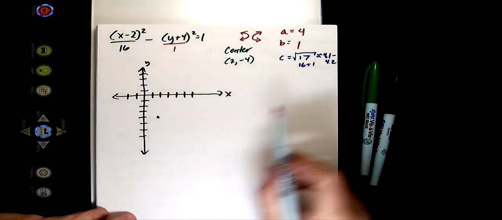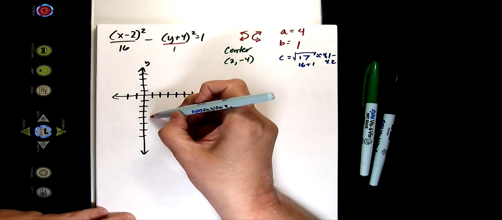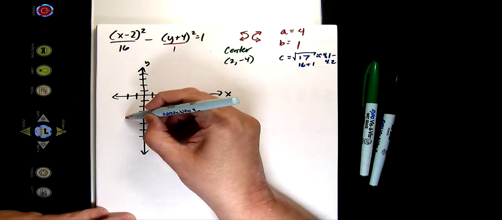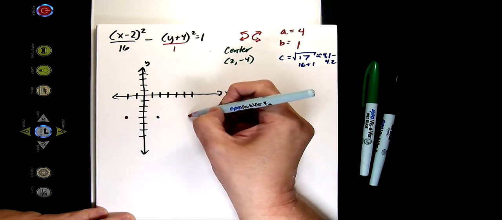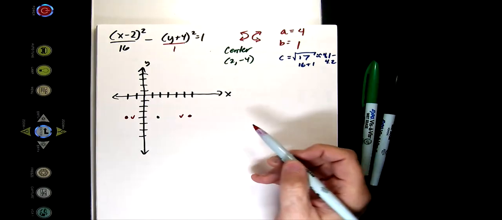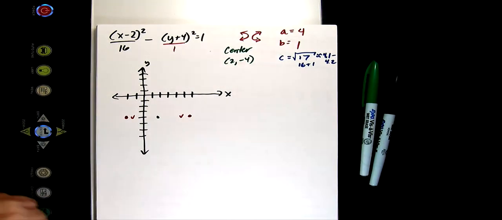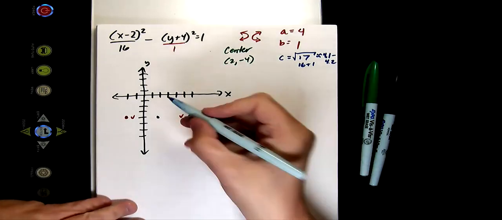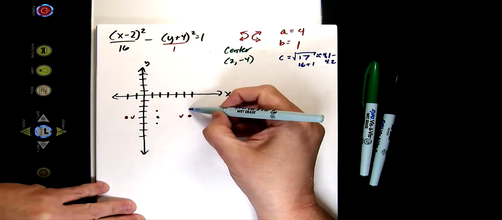We are opening left and right, and A is 4. I need to go 4 left and 4 right to make my vertices. I'm only going up and down 1 though for my asymptote box.